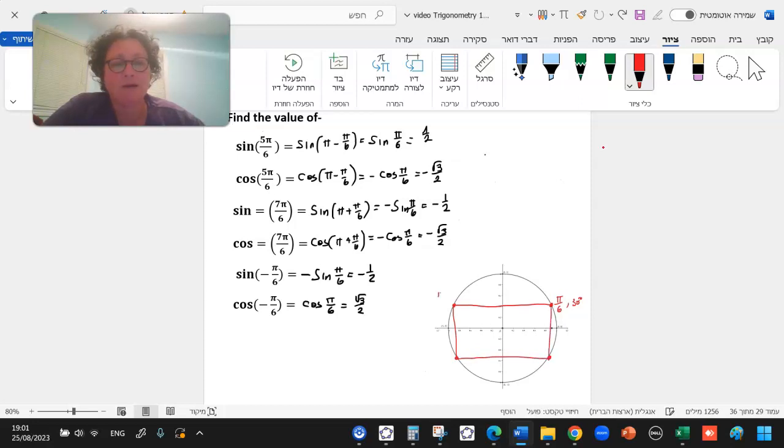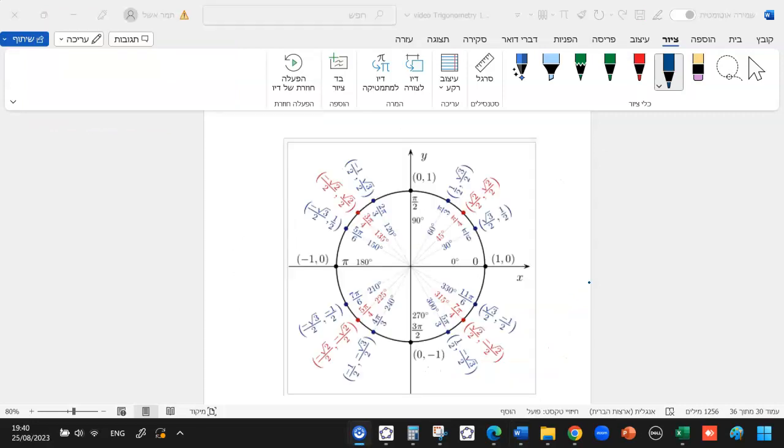This is 5 pi over 6, pi plus is 7 pi over 6, and minus pi over 6. Notice that they have the same sine and cosine except for plus and minus.